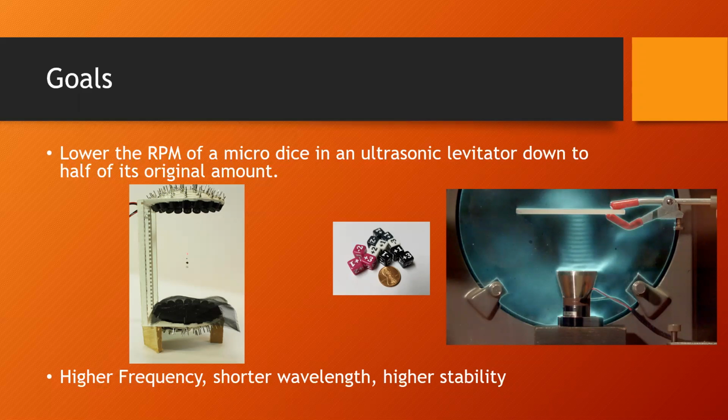However, if you increase the frequency, you will be able to shorten the wavelength and thus decrease the areas in between the areas of high pressure, thus probably leaving less room for the cargo to vibrate and to rotate, thus increasing its stability.